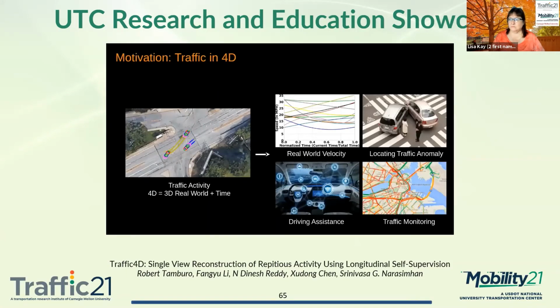For example, this is useful to compute real-world velocity of vehicles moving in different locations of the city. We can use this for understanding anomalies at intersections. This information can be given as an input to driving assistance systems or autonomous vehicles for better 3D reconstruction. And all of this information across the city can be used to monitor traffic as well as give better infrastructure information for city planning.